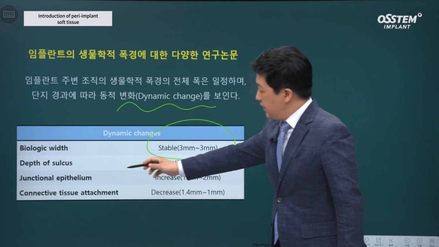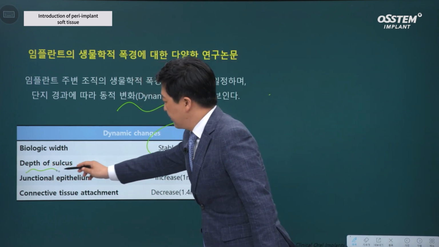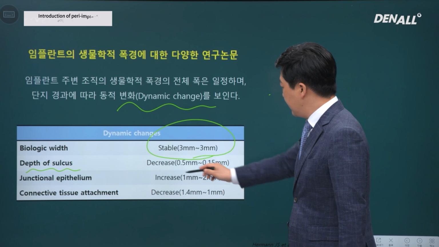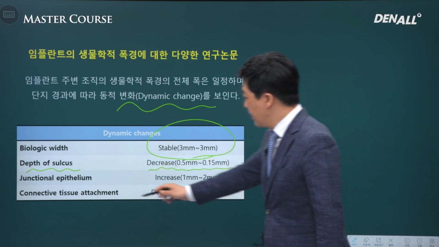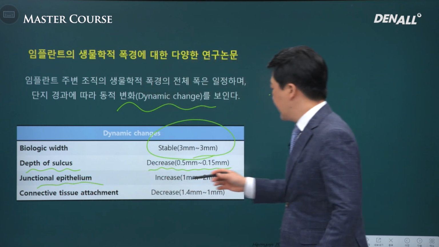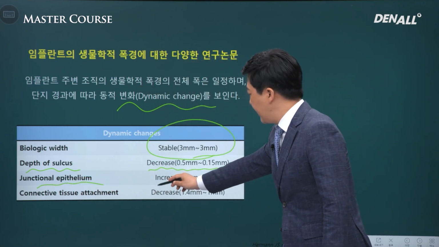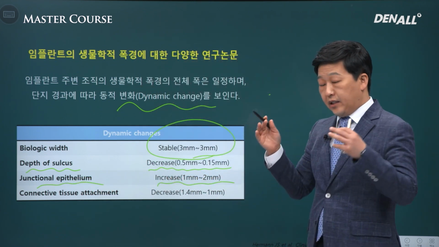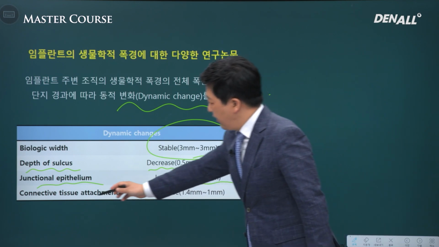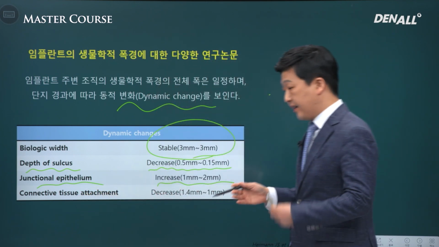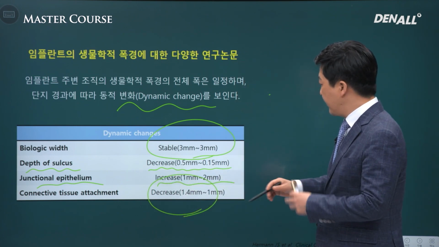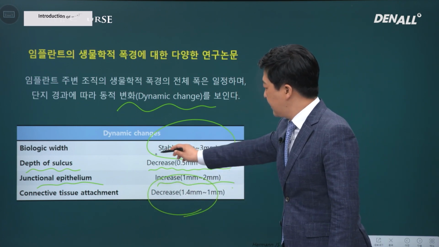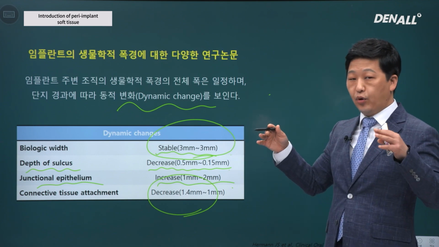For instance, sulcus depth decreases with age, and on the other hand, in the case of junctional epithelium, with age it increases. In the case of connective tissue attachment, which is most important, with age it decreases. Overall, about 3 millimeters of biologic width is continuously maintained.